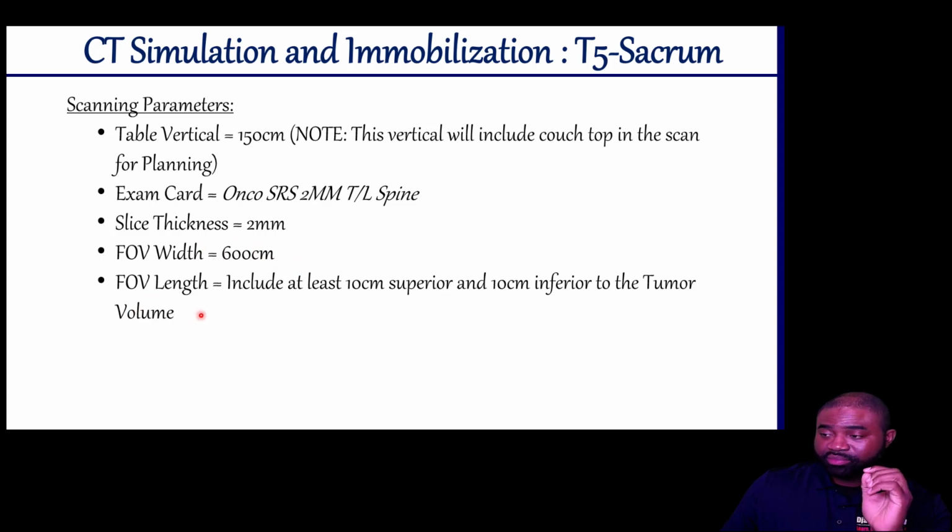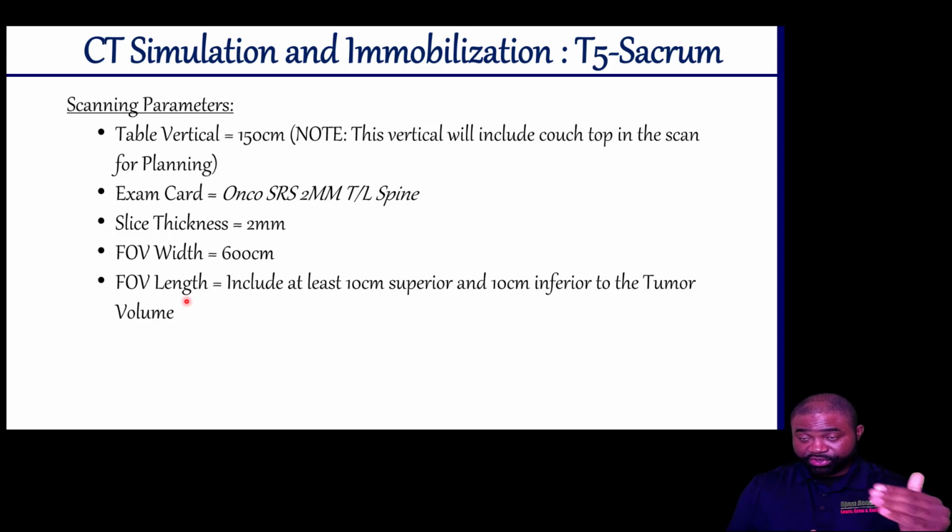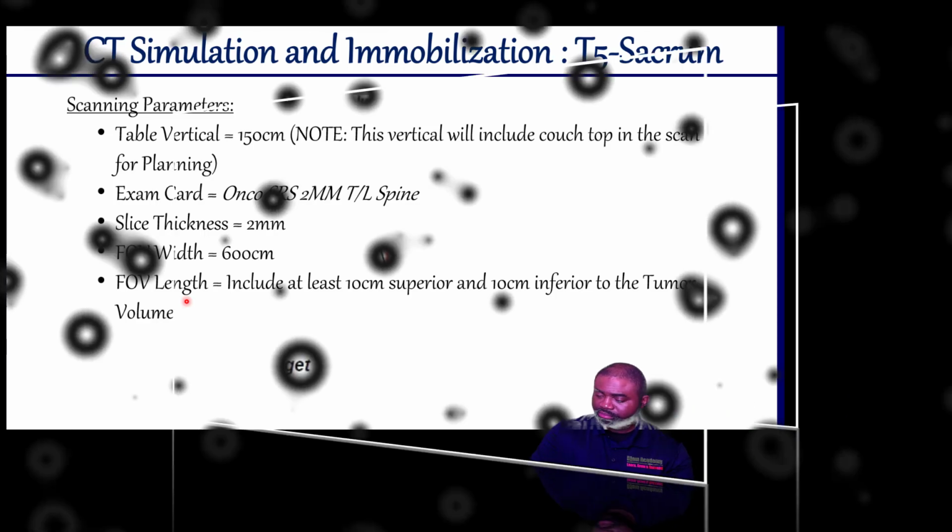Now, the length of the field of view is chosen such that at least 10 cm superior and 10 cm inferior to the tumor is included in the anatomical images. And this is so as to give us sufficient anatomical information in order to produce an accurate dose calculation.